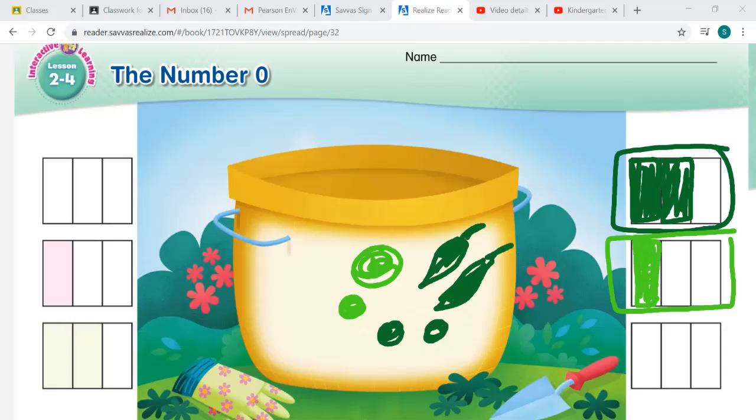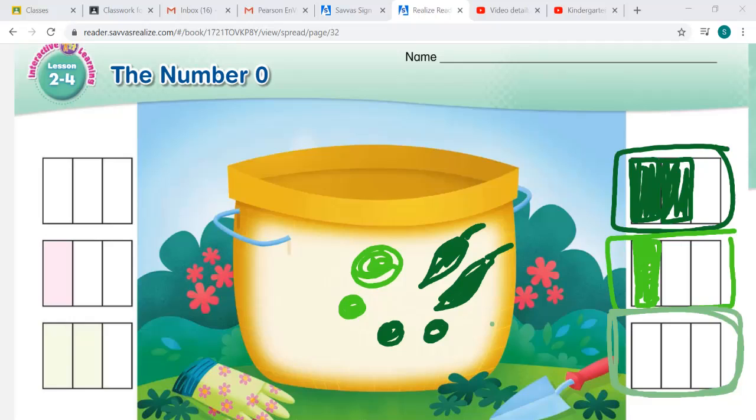All right, now Maria has 0 cucumbers. So what am I going to do in this box right here to show 0 cucumbers? Am I going to color any of those rectangles in?